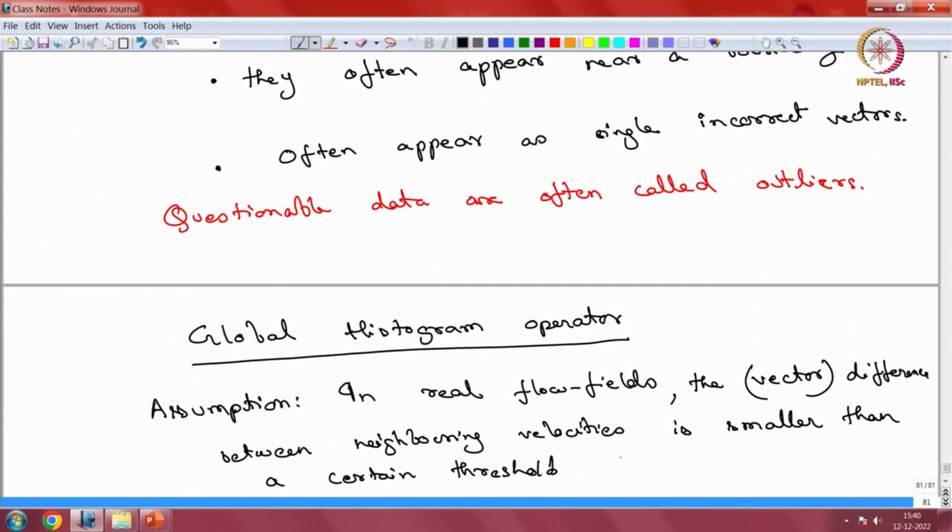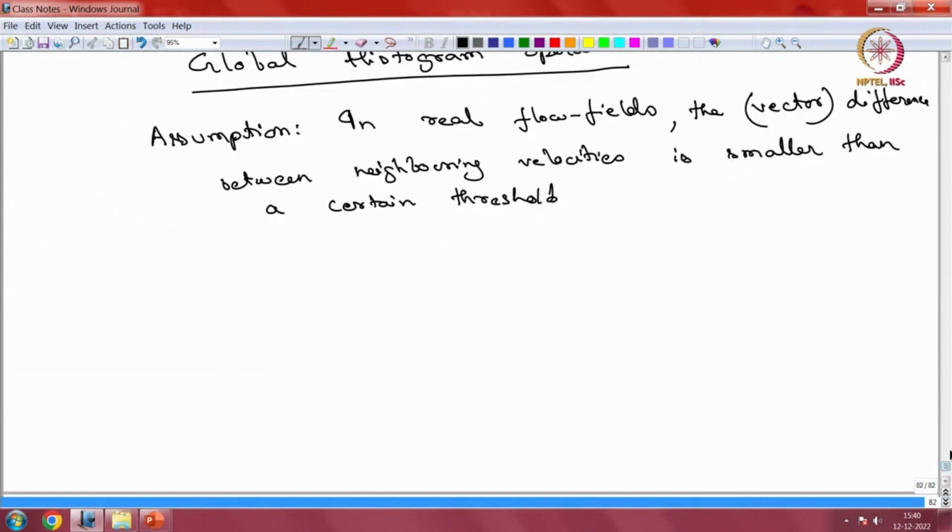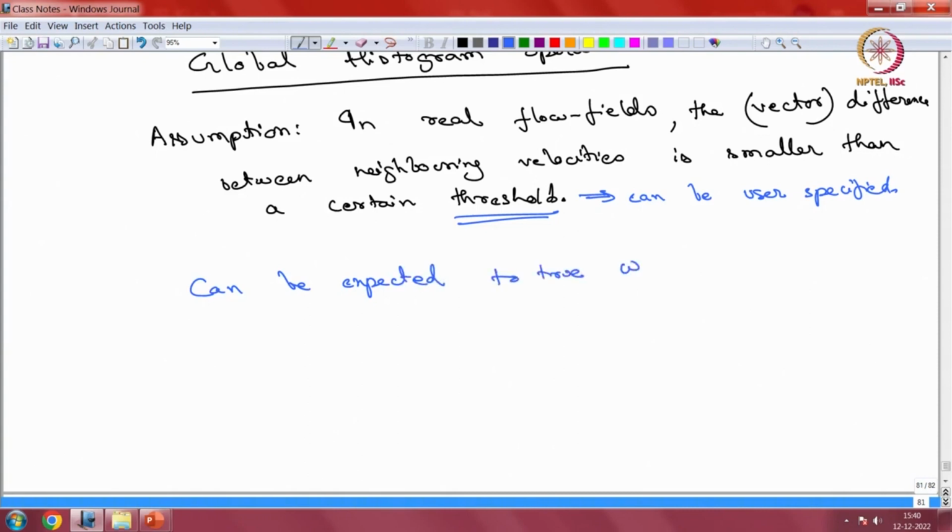Many softwares, commercial packages already have built-in numbers. So if you are using one of these, you have to be careful about what the software is already implementing. So the threshold can be user-specified. This can be expected to be true when the flow length scale is much bigger than the grid resolution. The flow length scale is greater than the grid resolution.